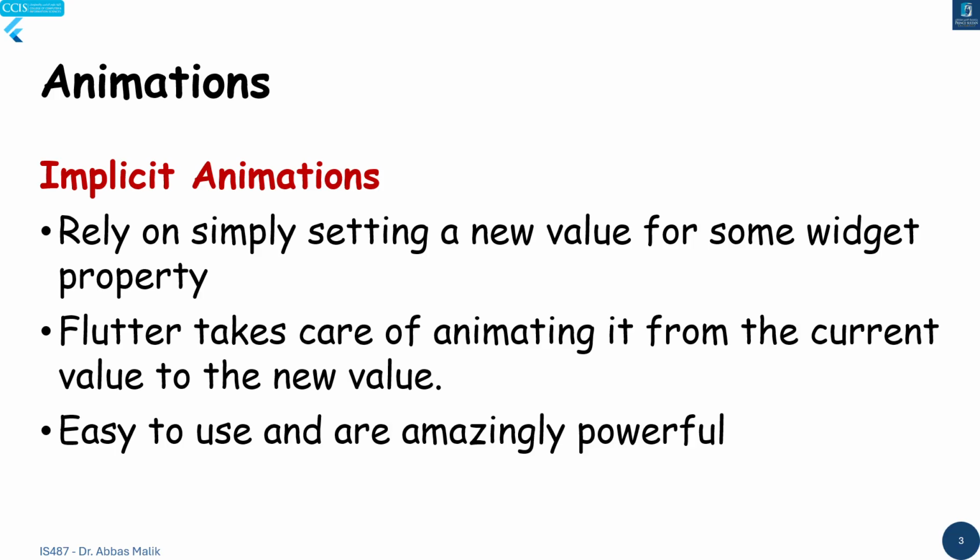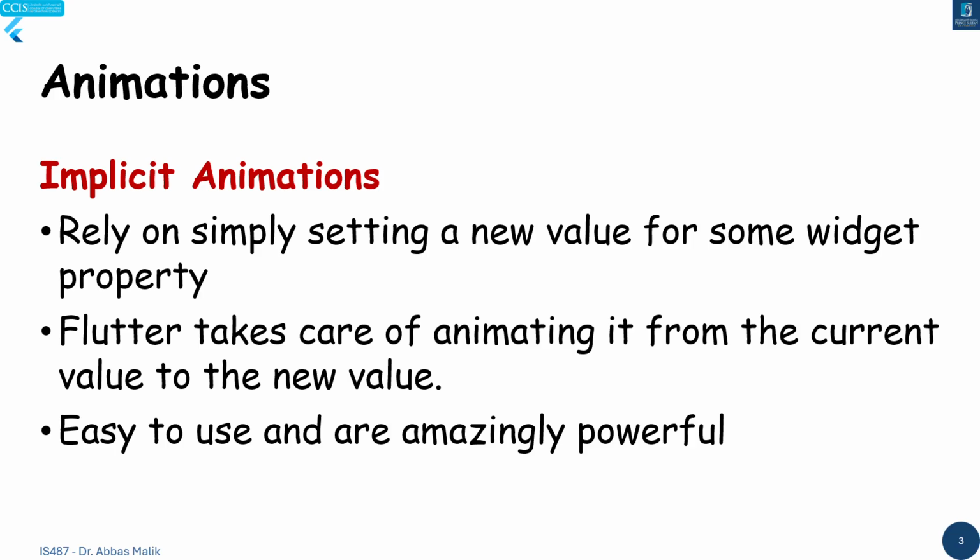All these are the implicit animations, and Flutter actually provides the animation framework which looks at the current value of that widget and the new value that we are assigning.